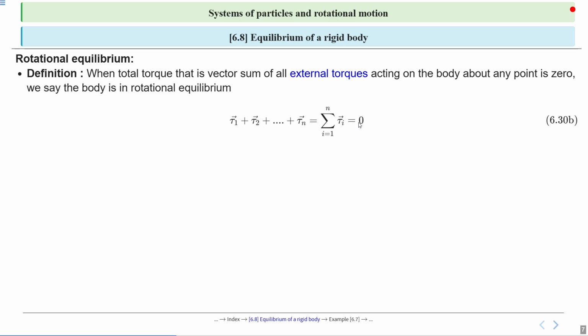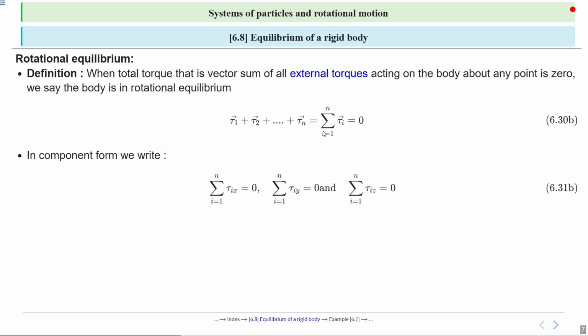So the external torque acting on the body about any point is 0. This summation from i equal to 1 to n of tau i equal to 0 shows there is no angular acceleration.